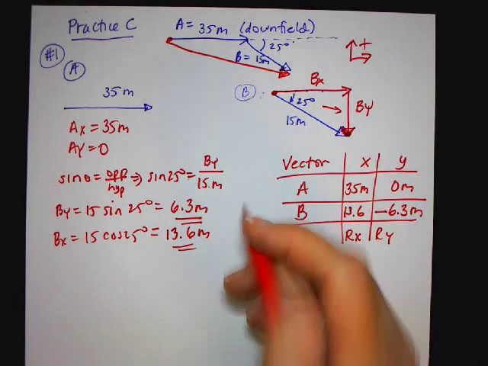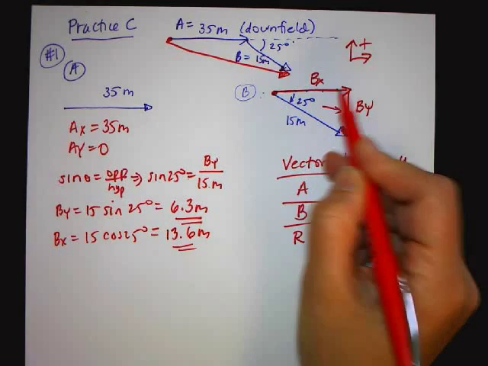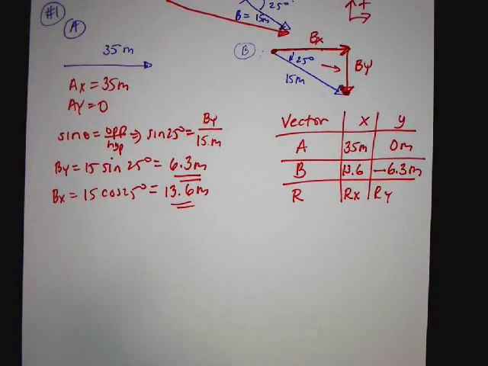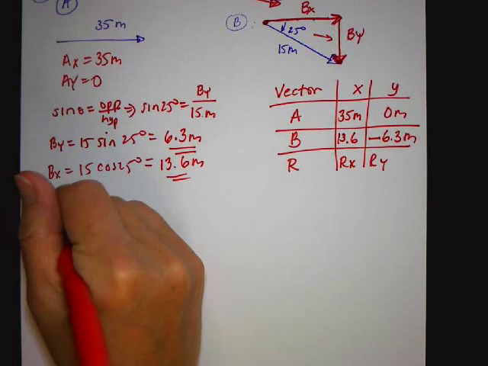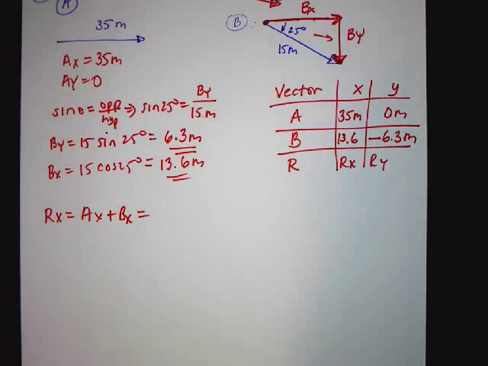Now my next step is I need to add up my x's and my y's. Rx is equal to Ax plus Bx, which is equal to 35 plus 13.6.